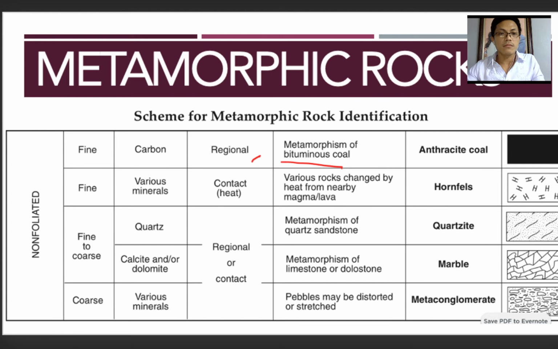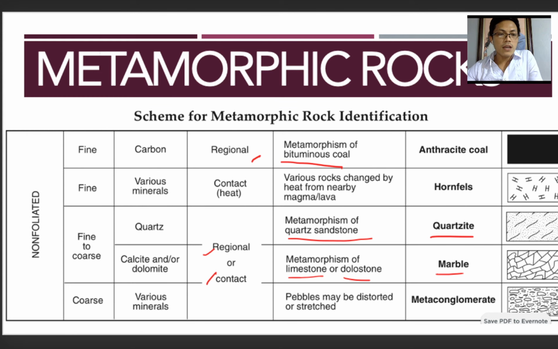The metamorphism of quartz sandstone gives you quartzite. The metamorphism of limestone or dolostone gives us marble. If you apply regional or contact metamorphism to limestone, you can form marble. And then next we have metaconglomerate.